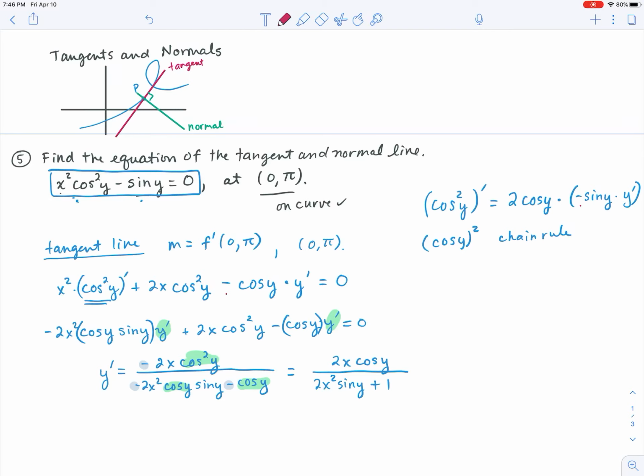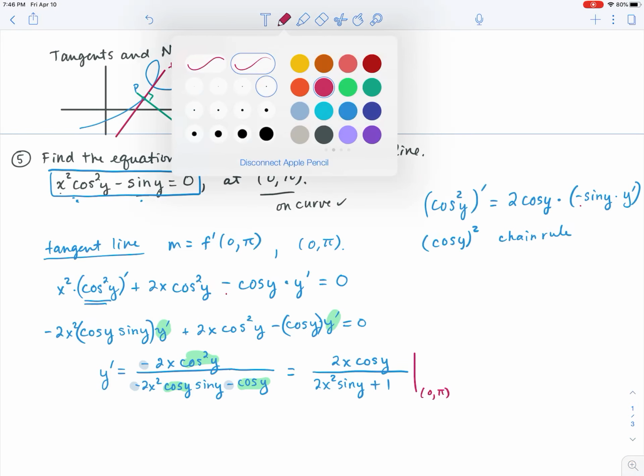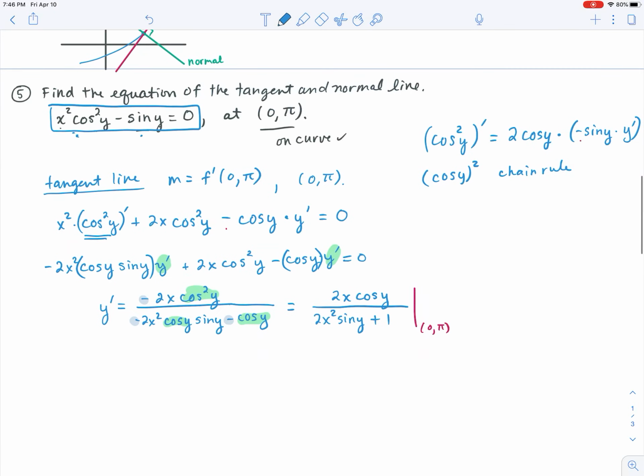So let's go ahead and move on. We want to evaluate that at the point (0, pi). As it turns out, we've got 0 over 1, not 0 over 0, so that's good. So we just get 0. I guess the negative wouldn't have mattered, but I'm pretty sure I kept track of the negatives well.